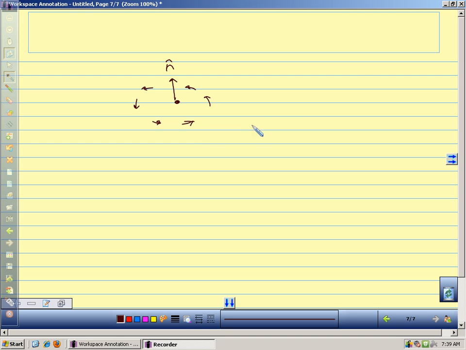So if we had a field that looked like this at this point, that would not tend to cause a rotation. If we had a field that looked like this, and our vectors went this direction on that side and that direction on that side, it would tend to cause a rotation.